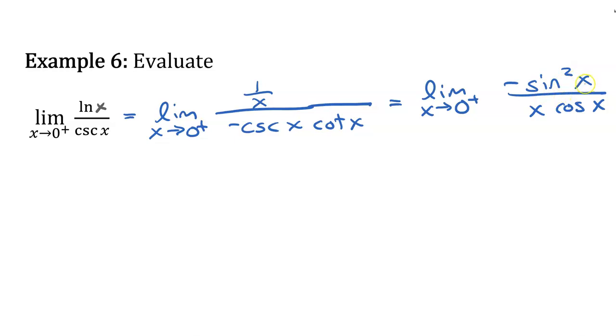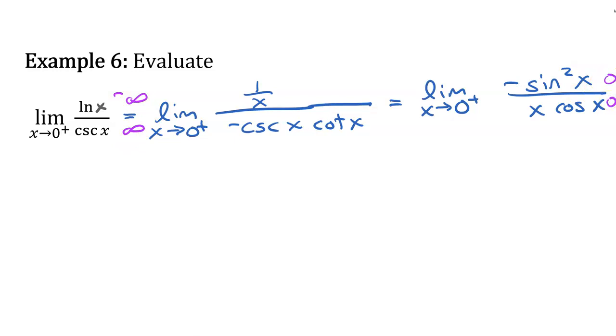Sine graphs do that, and so do cosine graphs. So sine x as x goes to 0 is 0. And cosine as x goes to 0 is 1. However, we have this x right there. Well, that's definitely going to go to 0. So we get 0 over 0. So we started with negative infinity over infinity, and now we have 0 over 0.